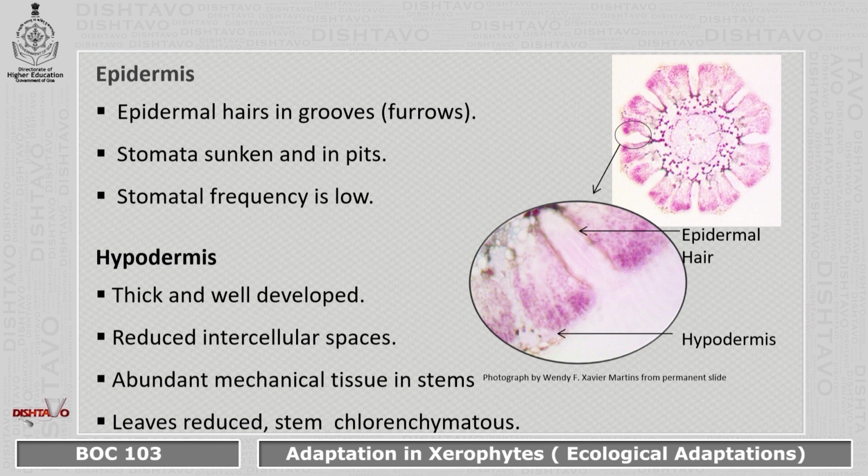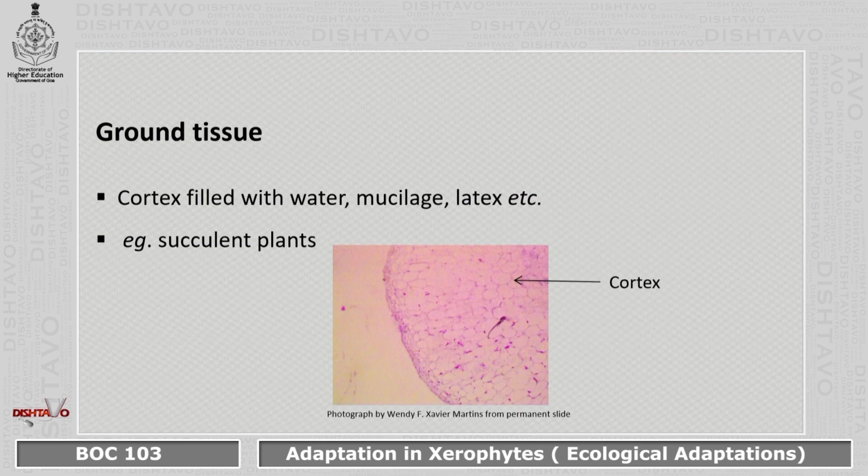Here, the leaves are reduced, hence the stem is green in color and does the function of photosynthesis. Inner to that, we have the ground tissue, and the ground tissue in a number of plants may be made up of water-filled cells. This is especially seen in succulent plants.